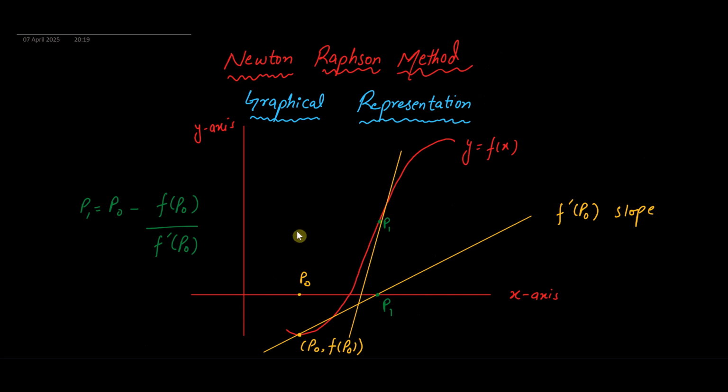So it touches at this point and we call it P2. This point is even closer to the actual root. As you can see, with each iteration, P0 to P1 and P1 to P2 and so on, we are getting closer and closer to the root of the function.